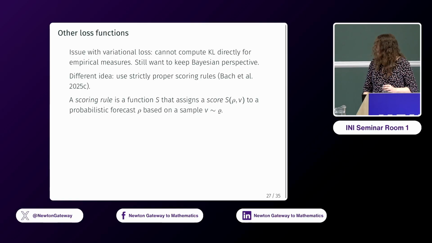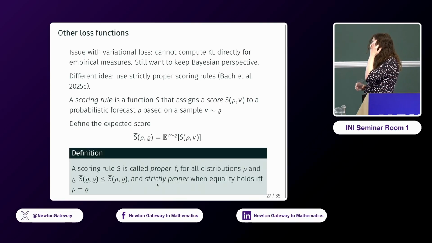So a scoring rule is a way of assigning a score to a probabilistic forecast with an observed sample. And we have this concept of propriety and strict propriety, which essentially says a proper scoring rule is one that's minimized in expectation at the true distribution from which your data came.